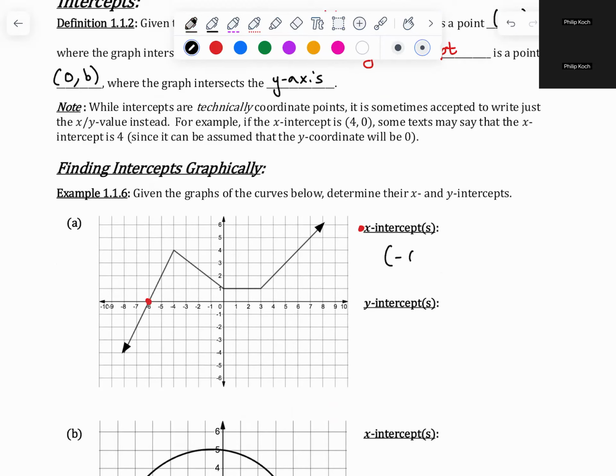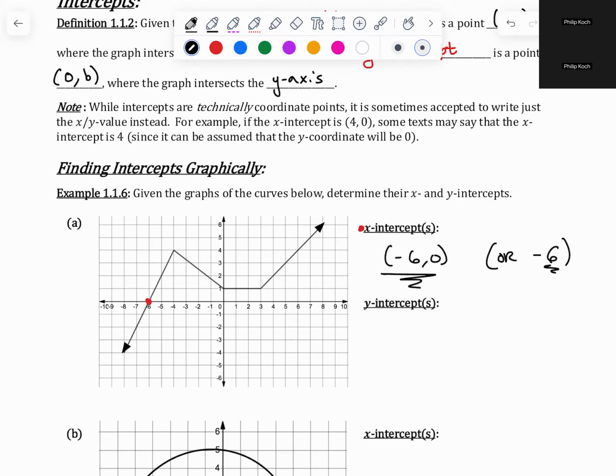So negative 6 comma 0, or x equals negative 6. Some people will just accept the answer being negative 6. I like it to be the coordinate point because that's what it is, and I find that helps us a little bit more in terms of understanding graph theory. The x-coordinate was negative 6, the y-coordinate was 0.